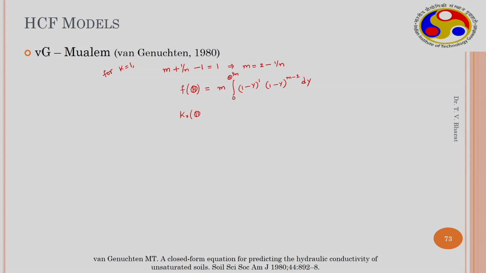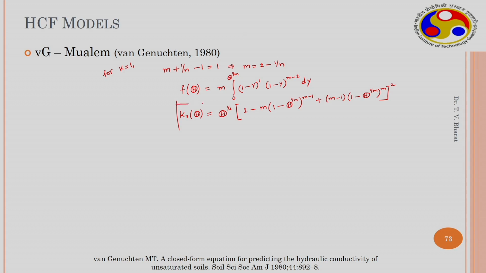We obtain a solution for Kr of uppercase theta is equal to theta power half times 1 minus m times 1 minus uppercase theta power 1 by m, power m minus 1, plus m minus 1 times 1 minus uppercase theta power 1 by m, power m, whole squared.